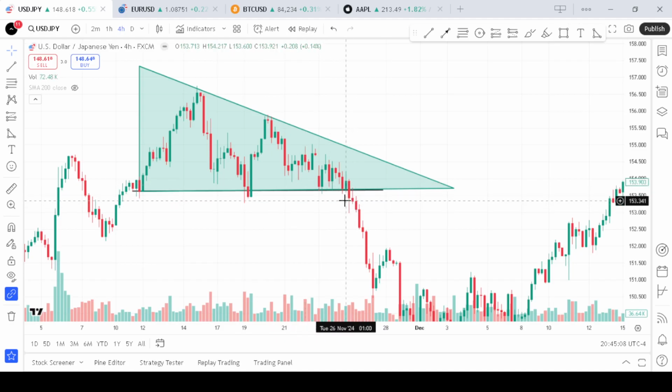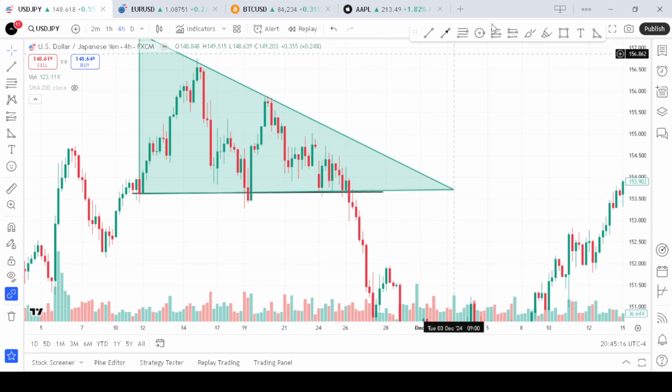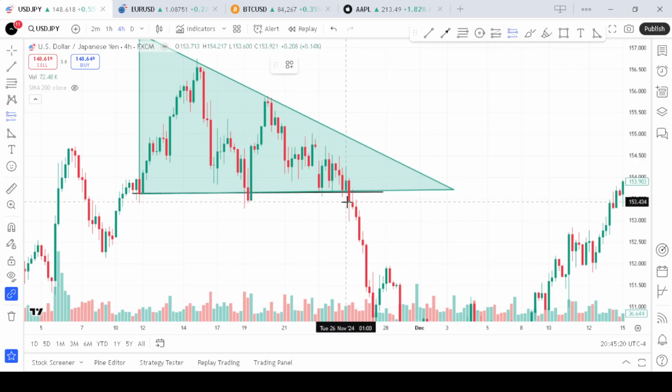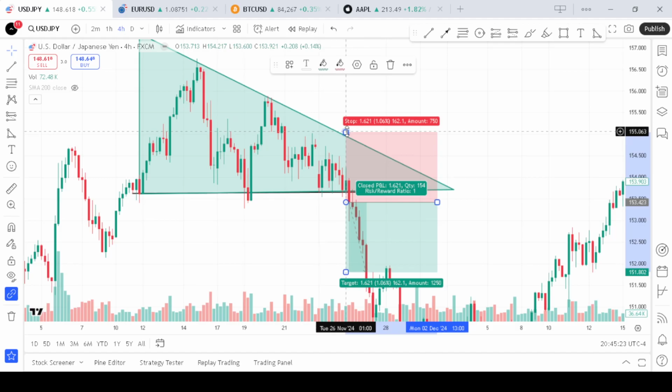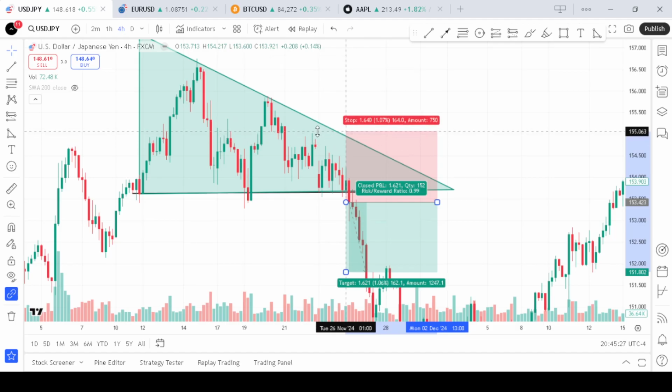And as we can see in this area, price eventually broke below the support line and retested the support line. When price broke below and closed, you can decide to enter your trade at that area. Remember, stop loss is also important in any trading strategy you are using. You always put your stop loss to safeguard your capital.